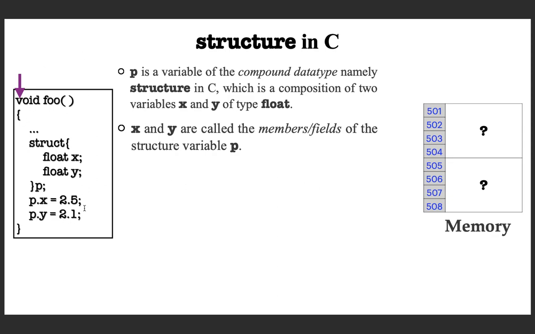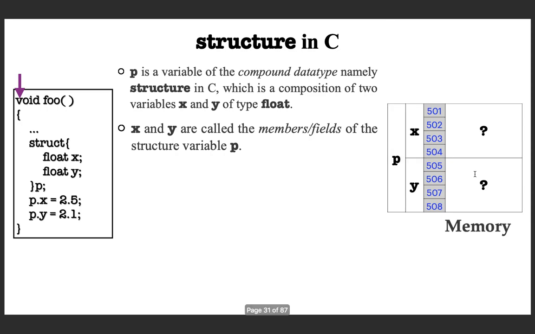If you look at foo, only one variable is there, which is p. P is getting memory allocated. You can see that 4 bytes are allocated for the first component, which is x, and 4 bytes are allocated for the second component, which is y. The assumption is that a floating point value needs 4 bytes in memory.